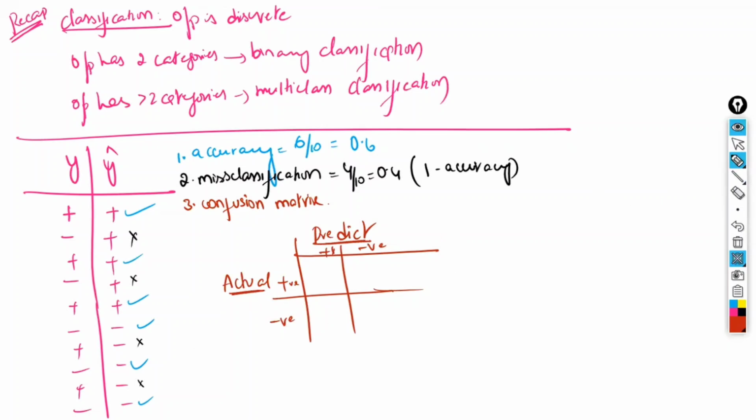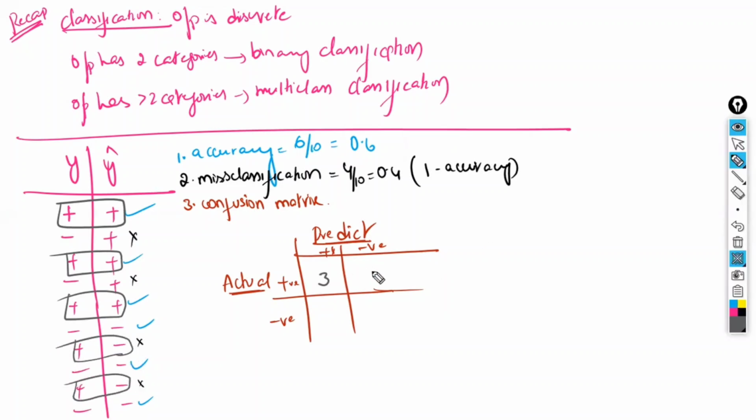Now I'm going to check how many are true positives. That means actual should be positive and predicted also should be positive. This is the first record, second record, third record, 3 records I'm having. Next, actual should be positive, predicted should be negative. Actual positive means this one, and predicted negative, this one.